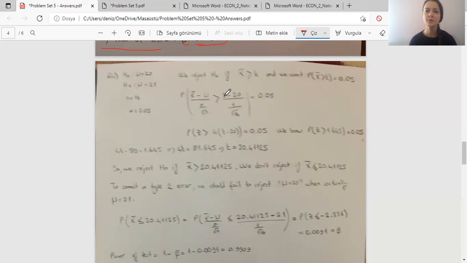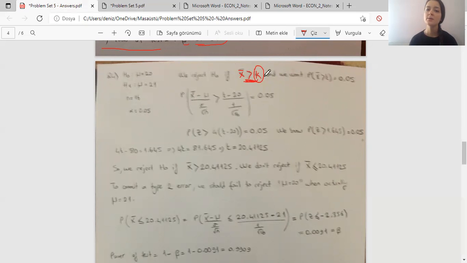Normally, we were writing that we are going to reject H0 if X bar is greater than something or less than something, okay? But here, we don't know the thing here. The K, I have written the K. I wrote that we are going to reject H0 if X bar is greater than K, okay?